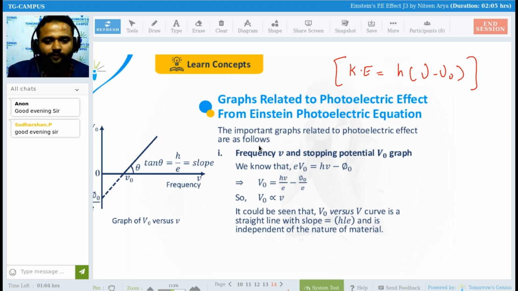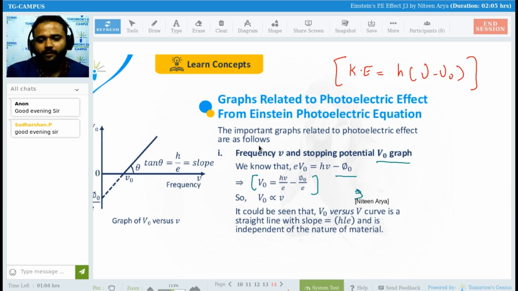On the basis of that, the important graphs related to the photoelectric effect: first is the frequency nu and stopping potential V naught graph. We know that eV naught equals h nu minus work function. So the stopping potential V naught is h nu divided by e minus work function divided by e. We already did this in the previous class.